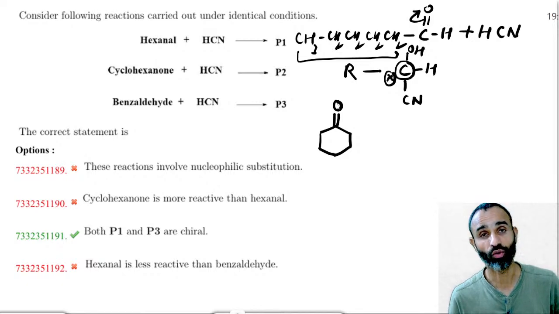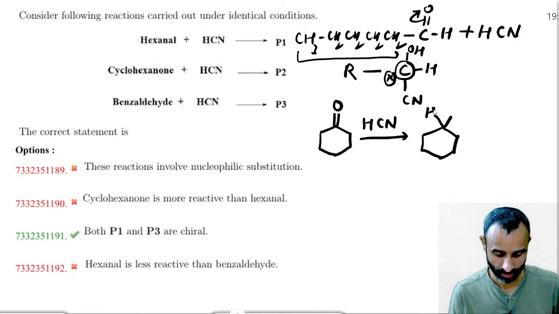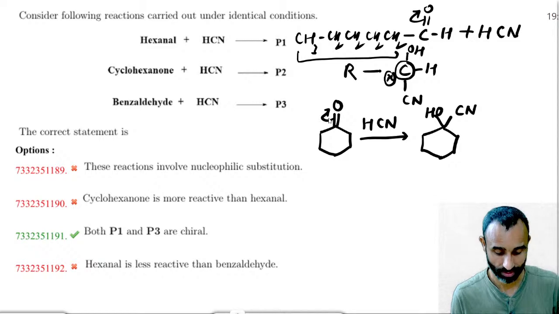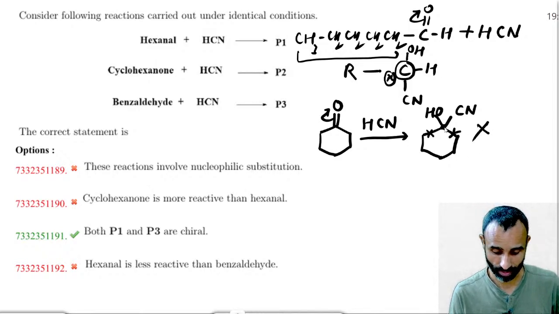This is cyclohexanone. On treatment with HCN, again cyanohydrin. So we get OH on one side and CN on the other side. Not chiral, because on both sides there are similar groups. So this carbon is not chiral.